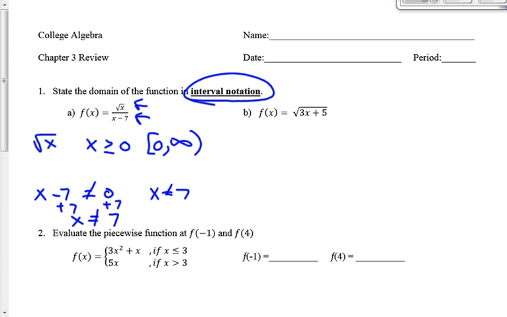So to put these together, what I need to do is go from 0 to 7, and then continue on from 7 to infinity. And so in this case, the union between the two interval notations is saying skip over the value of 7.